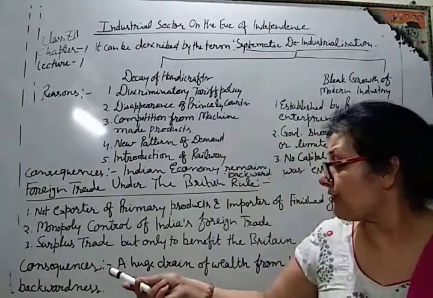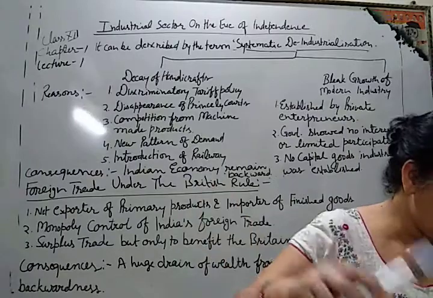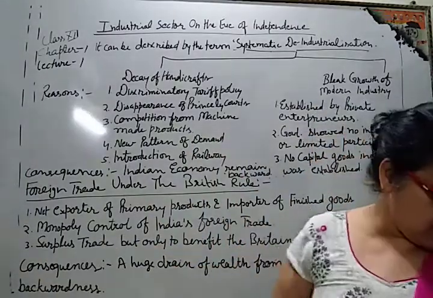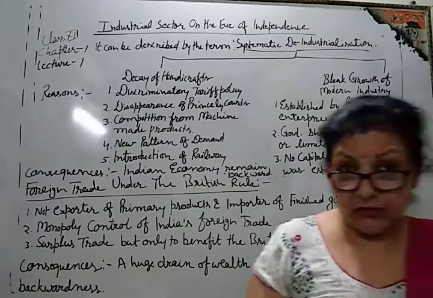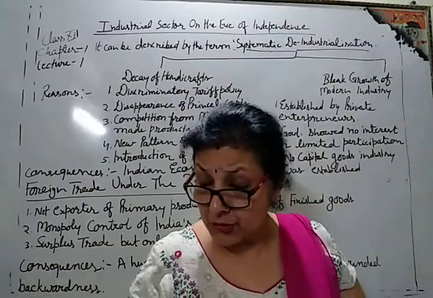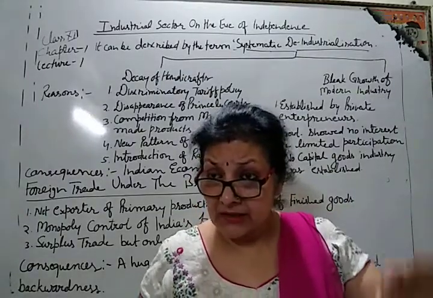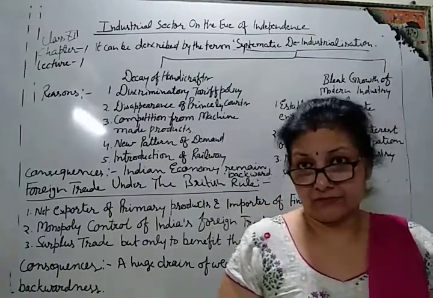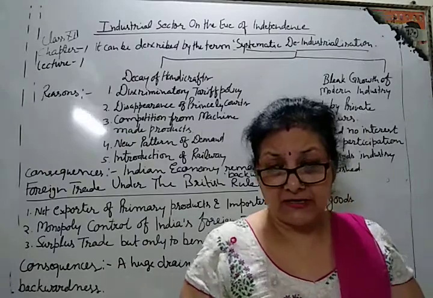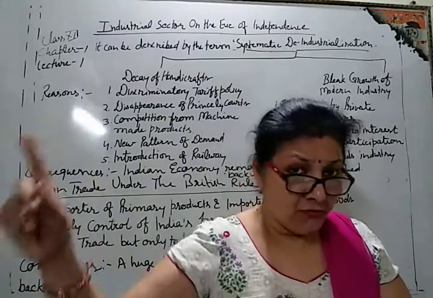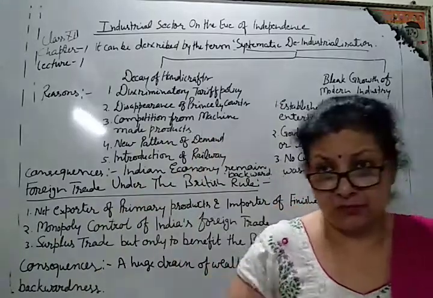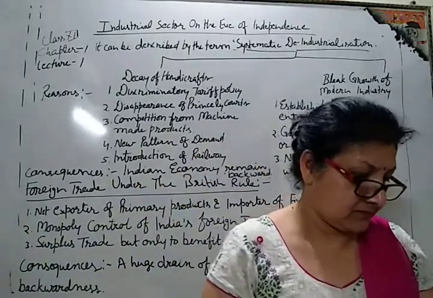It was used only for the benefit of Britain. It was used to meet the needs of Britain in two ways. This surplus trade was used to meet the administrative expenses of the British government in India.